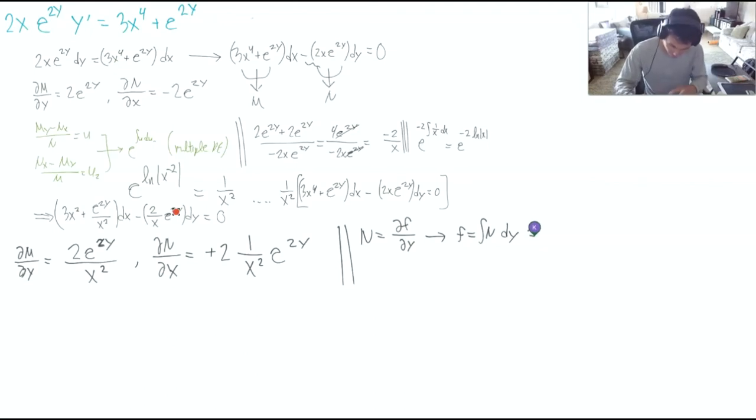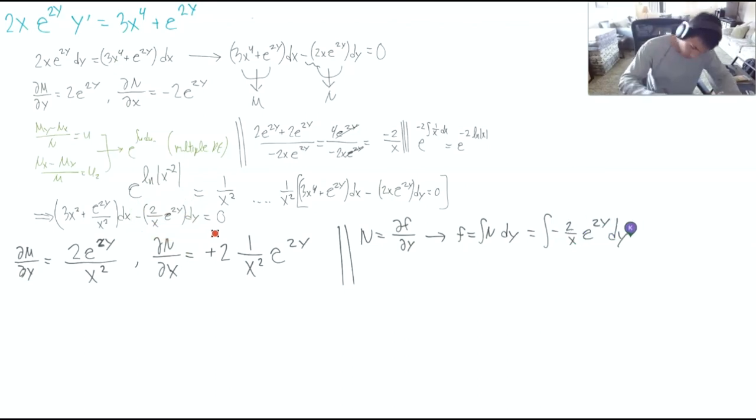So what is this going to be? Okay, so we're going to integrate N, so negative 2 over x e to the 2y dy. And look at this. This just becomes negative 1 over x e to the 2y, because the 2 will go on the bottom and we'll cancel out that 2.